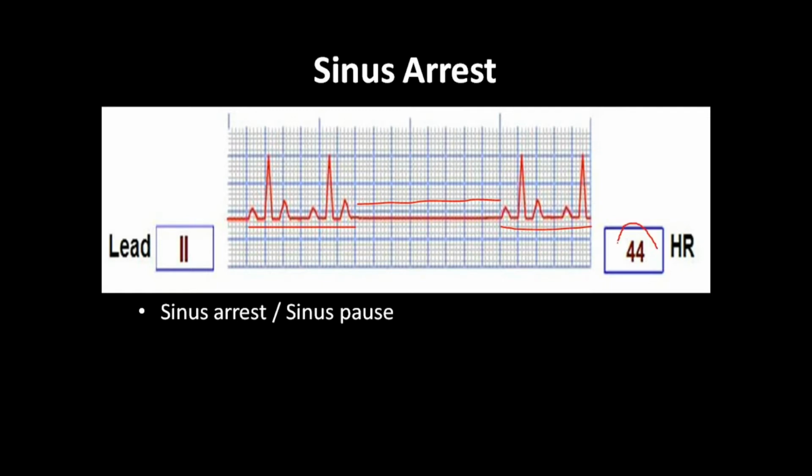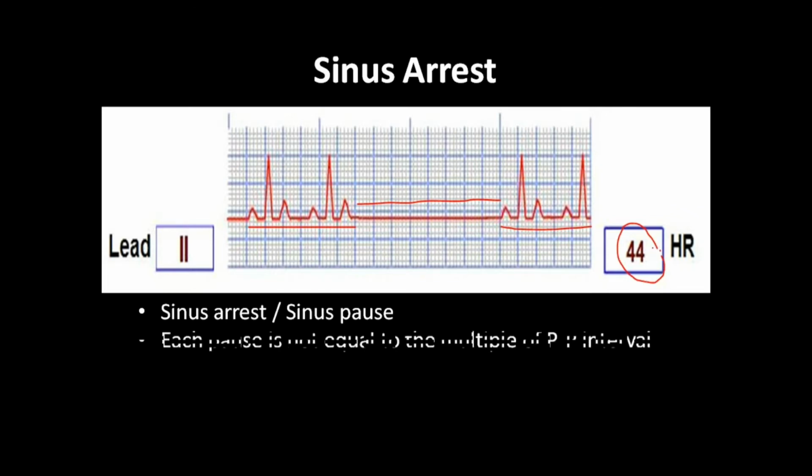The heart rate will be less than 50 beats per minute, and each pause is not equal to a multiple of the PP interval. If you calculate here, the PP interval is 10 big squares and 4 small squares, and here the PP interval is 3 big squares and 3 small squares.